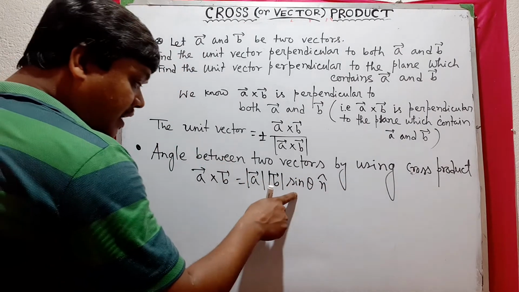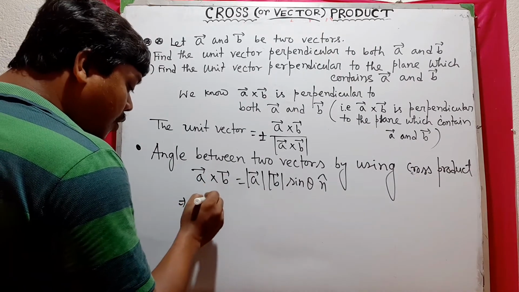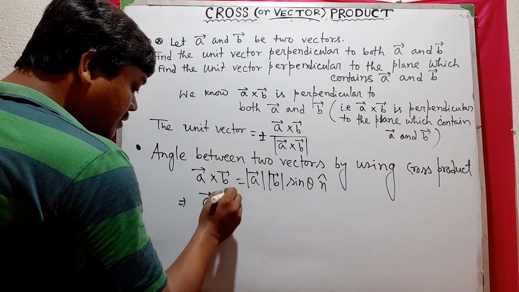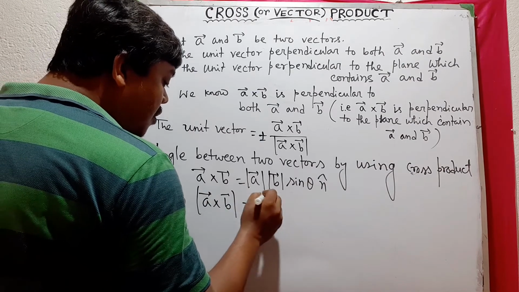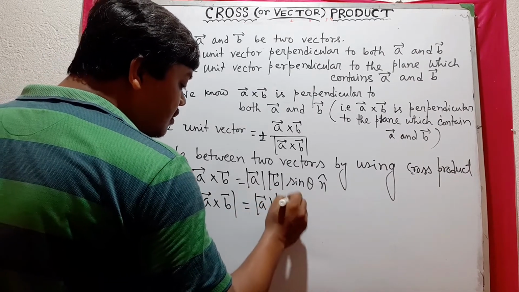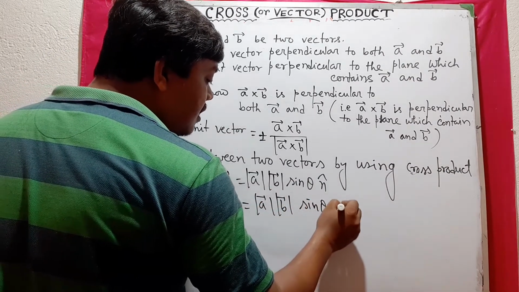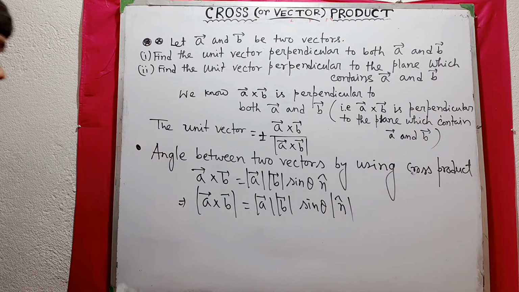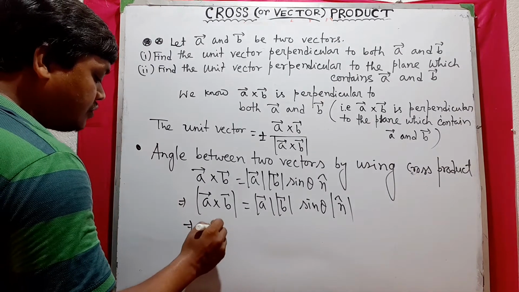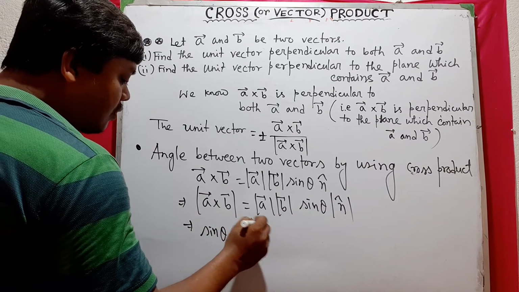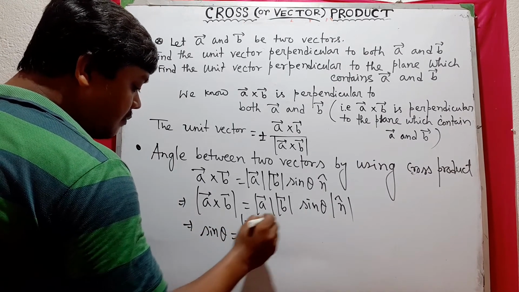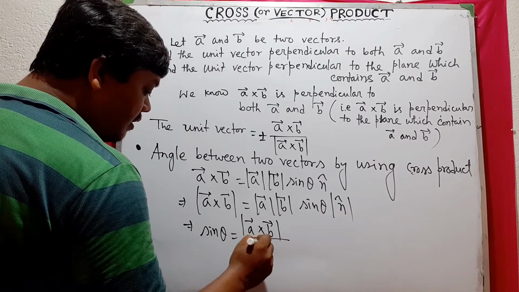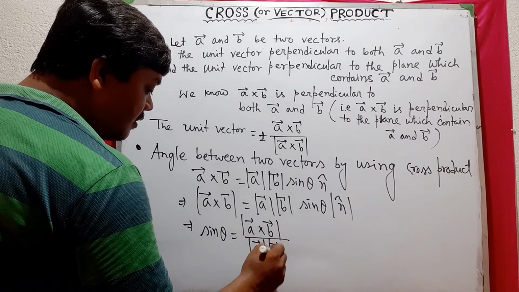Okay, so that is the vector. So if you take mod value A cross B, modulus value, mod A, that is the magnitude, also mod B sin theta, mod of n cap. N cap is the unit vector, so the value is 1. So that gives sin theta equals to mod A cross B by mod A mod B.